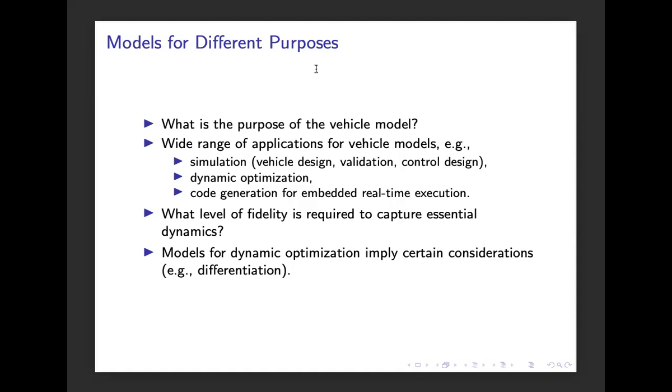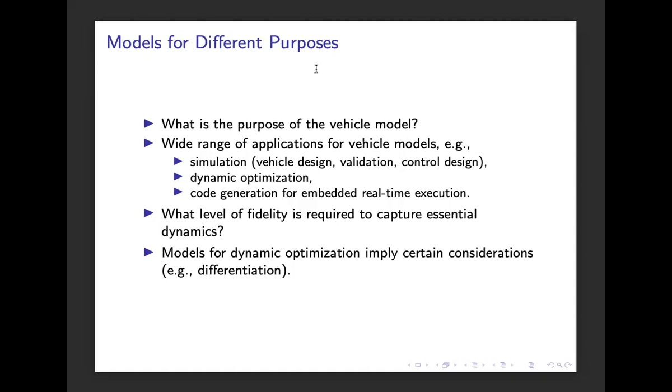Then there is also a need for vehicle models in terms of dynamic optimization. That is something that I've been working quite a lot with during the past 10 years or so, using automotive models and vehicle models to decide, for example, optimal vehicle maneuvers, other kinds of optimal characteristics, optimal inputs to a vehicle model.